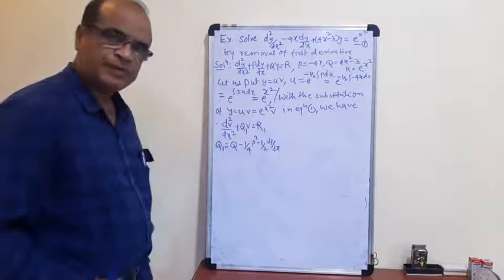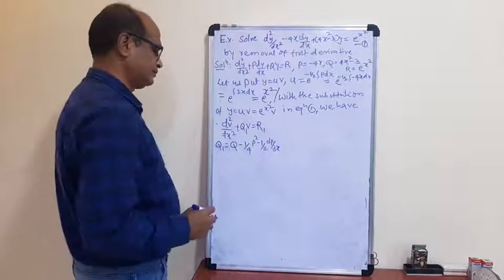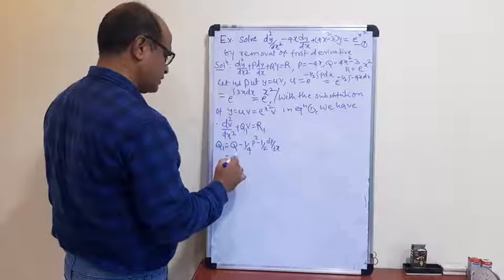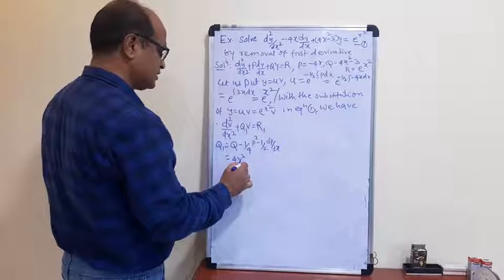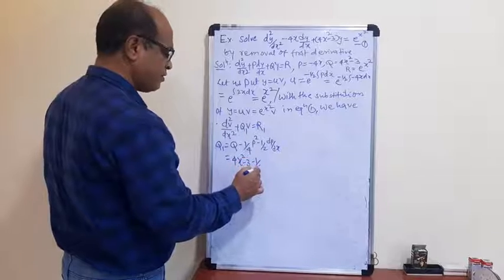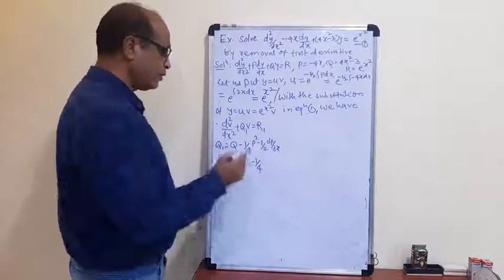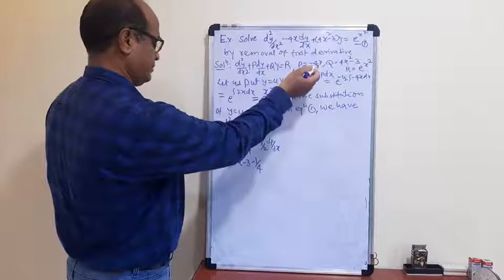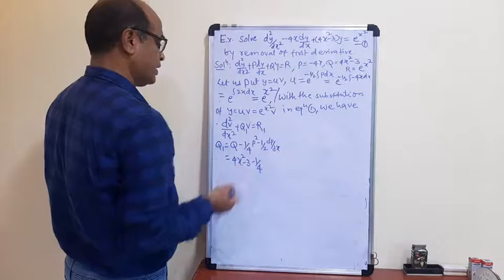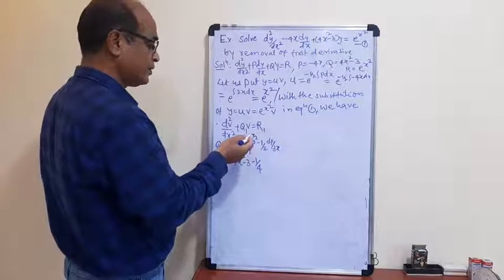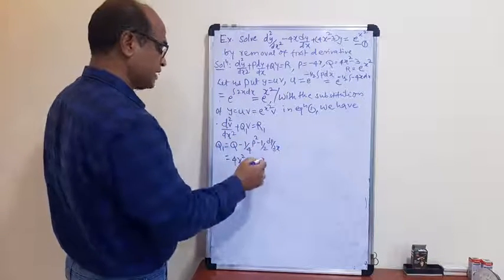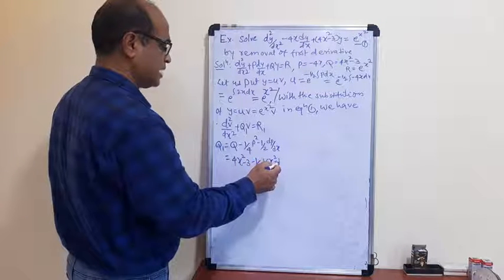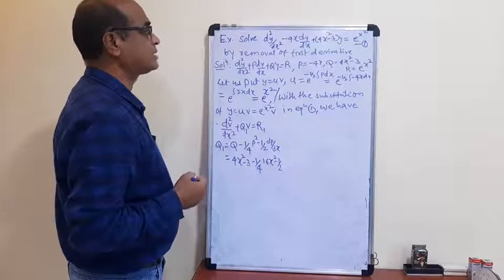So q is 4x square minus 3, minus 1 by 4 into p square, p is minus 4x so p square is 16x square, minus 1 half dp by dx.